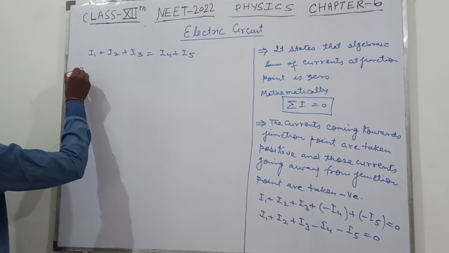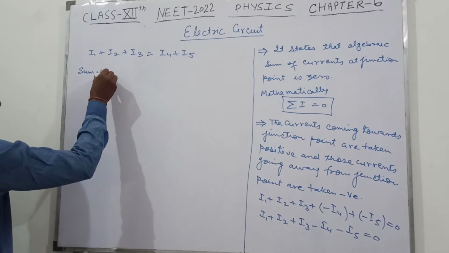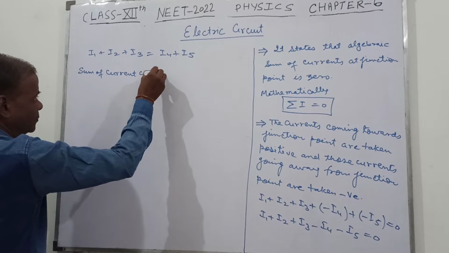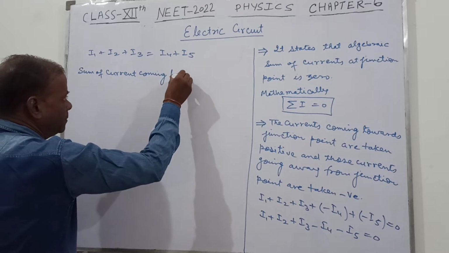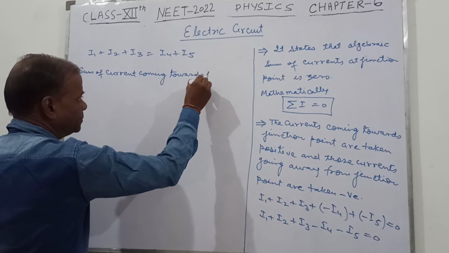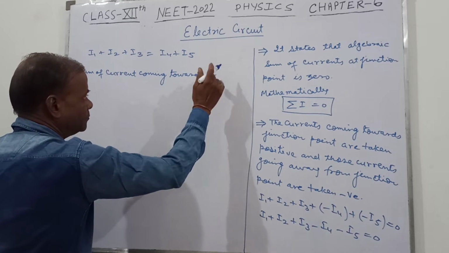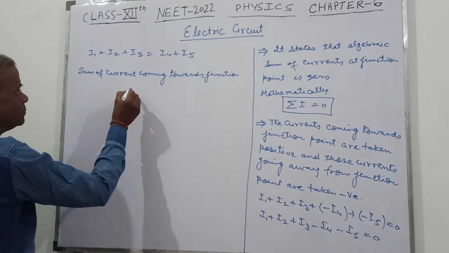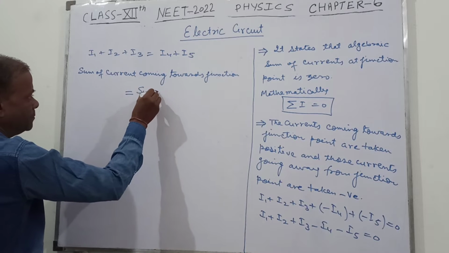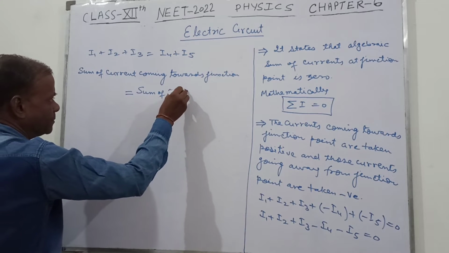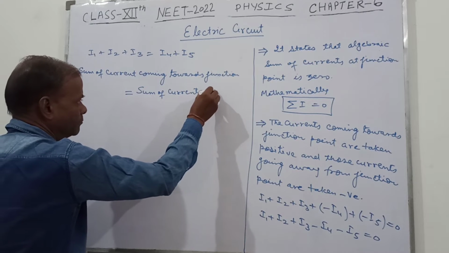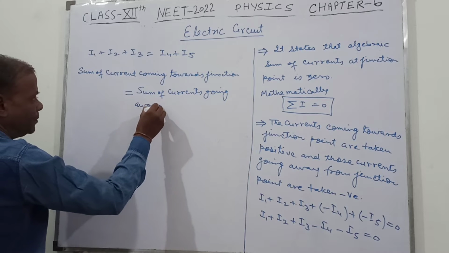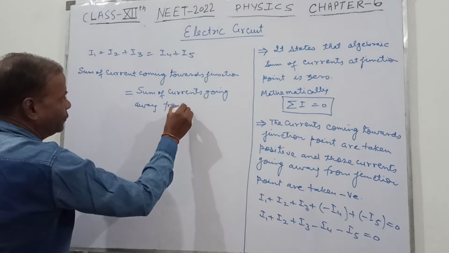So the sum of currents coming towards the junction is equal to the sum of currents going away from the junction.